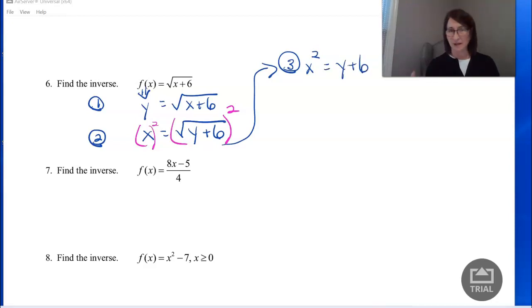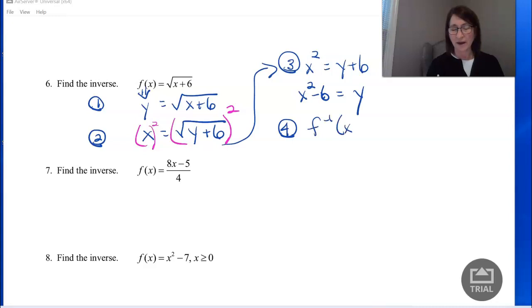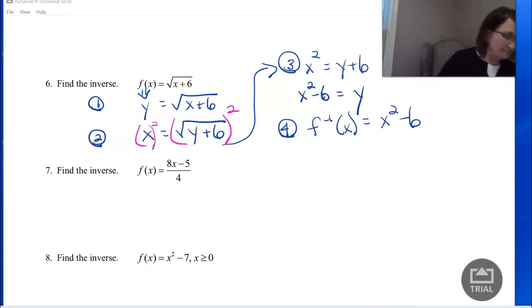And now I can solve for y by just subtracting 6. So I get x squared minus 6 is equal to y. My last step is to put it back into function notation. So f inverse of x is equal to x squared minus 6.